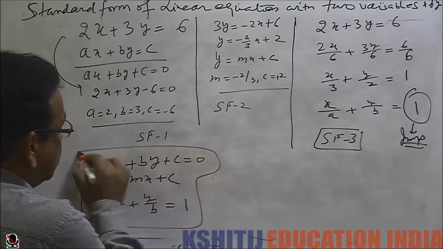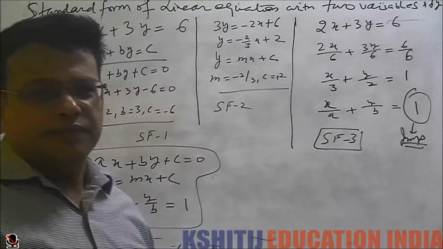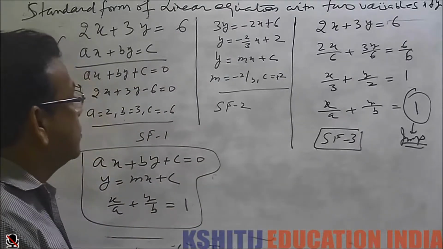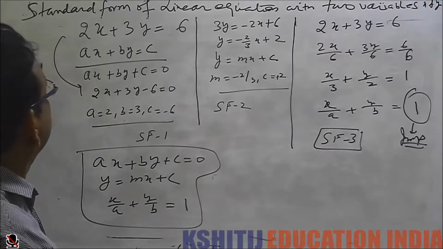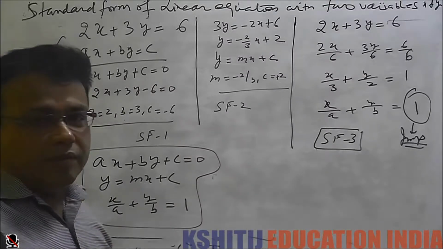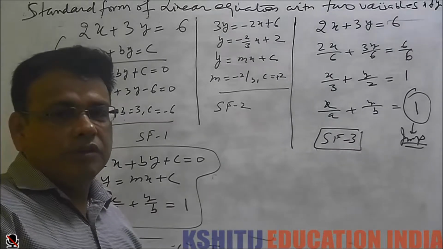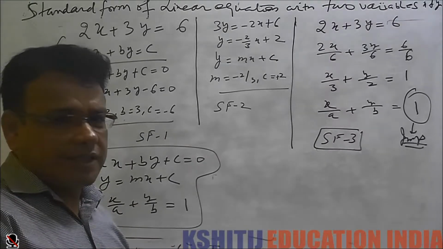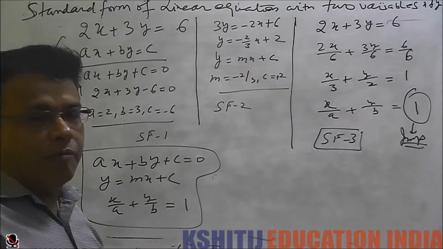These three forms, keep in your mind while doing the questions. Any doubt? I hope it is clear to you how we represent a linear equation with two unknowns, x and y, two variables, in three different formats.